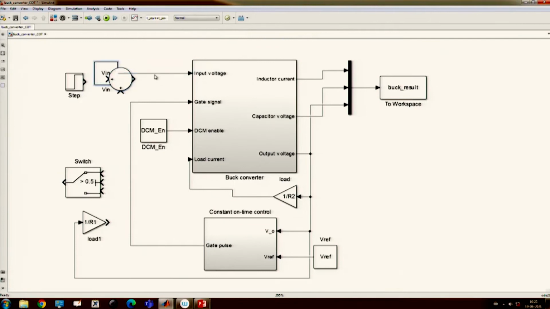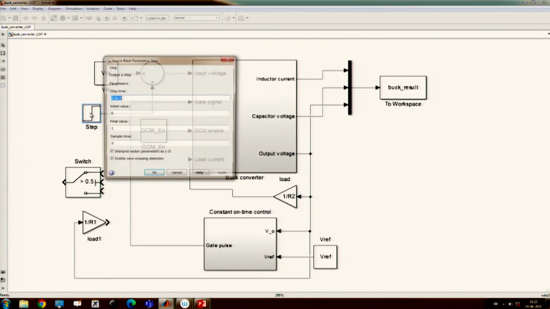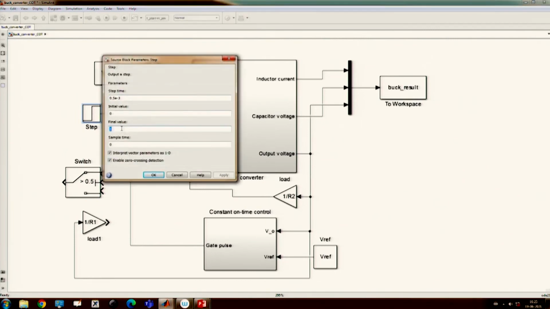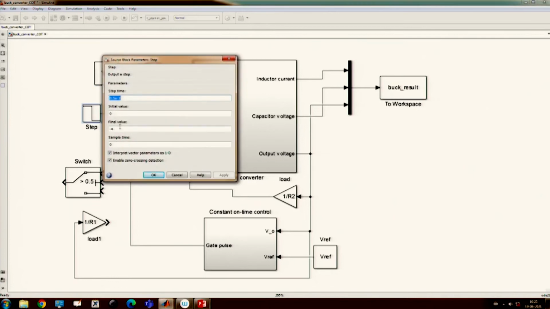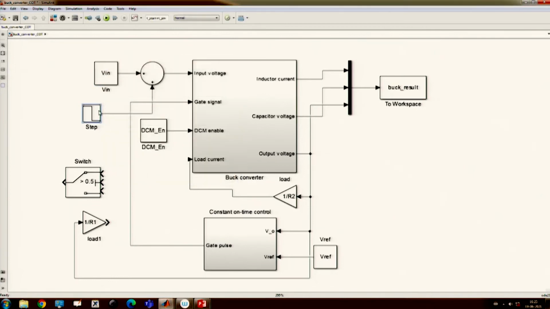Initially I will take this 12 volt as the input. Now here at 0.5 I will subtract, let us say, 4 volt. That means the supply changes from initially 12 volt, and now we are subtracting 4, so it will be 8, 12 to 8.